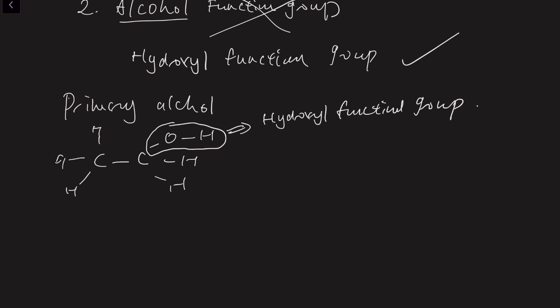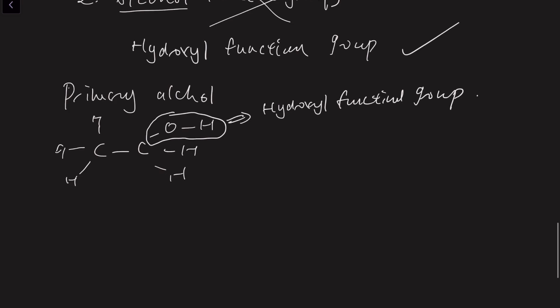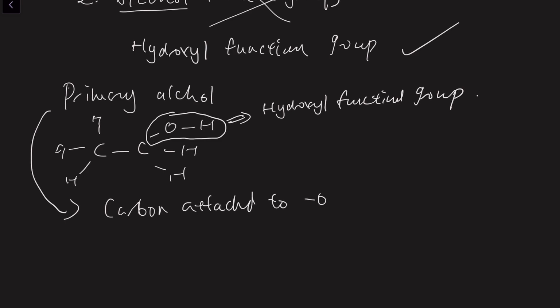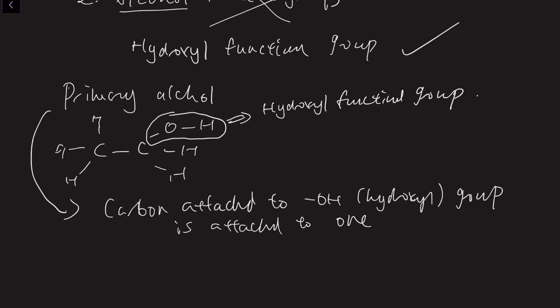So a primary alcohol is defined as the carbon attached to the OH group or the hydroxyl group is attached to one other carbon atom only.